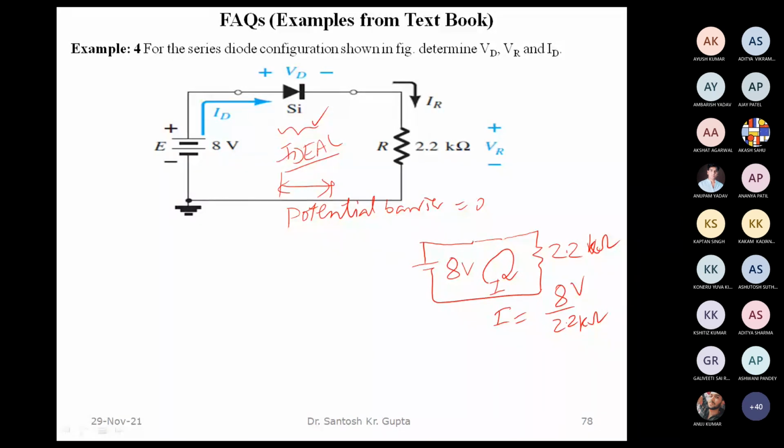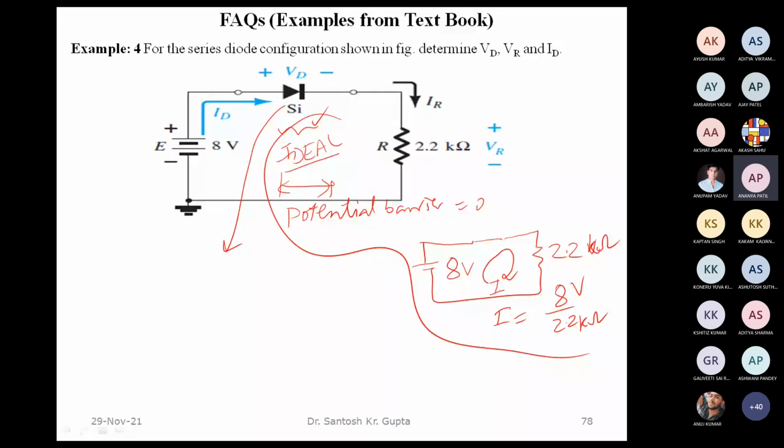I can be very easily found, 8 divided by 2.2. So if we assume this diode as an ideal diode, we can have this analysis here. But in this problem, the silicon diode is given, so the silicon diode has to be replaced by its equivalent model.